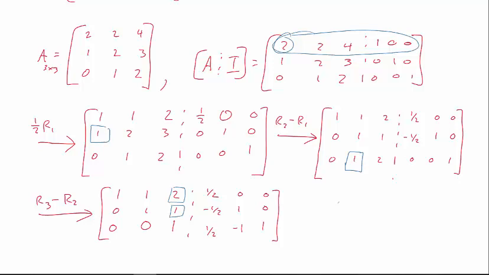So we're going to do two operations on this step, so let's record them. We're going to replace row 1 with row 1 minus 2 row 2. And then we're going to replace row 2 with row 2 minus row 3.